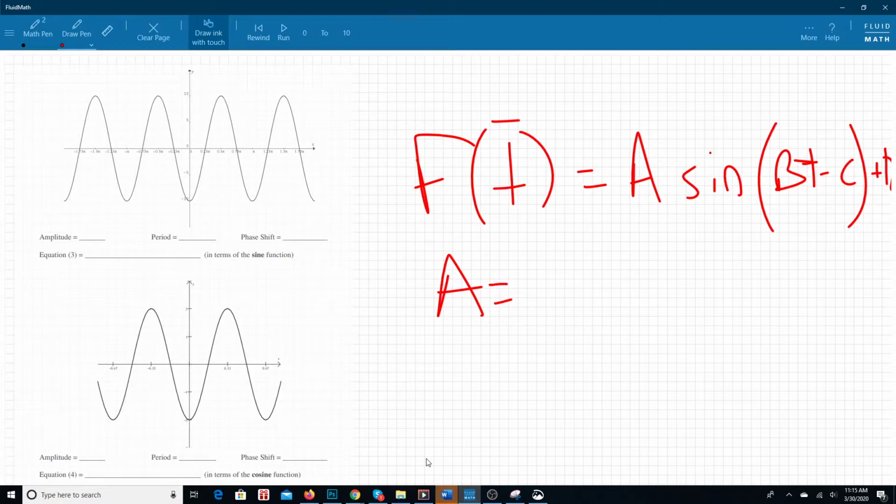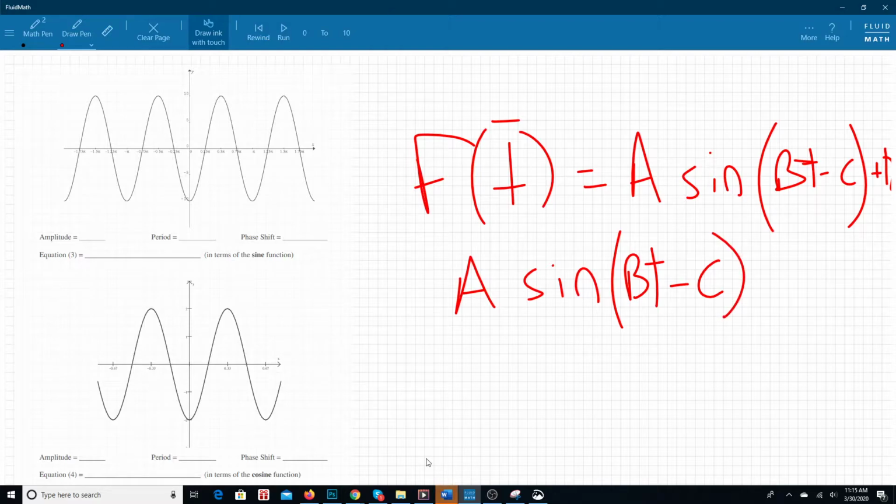A sine Bt minus C plus D. Keeping in mind that C is the phase shift, essentially. B is the period, t is the variable that switches with it, and D is the movement of the curve, up or down.